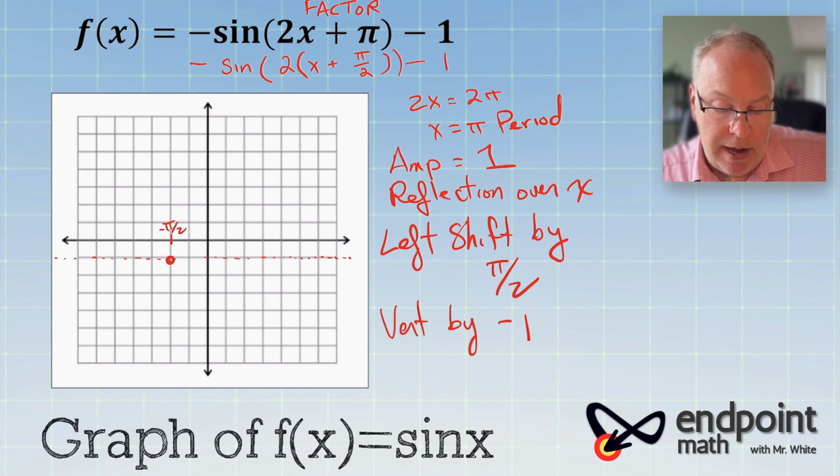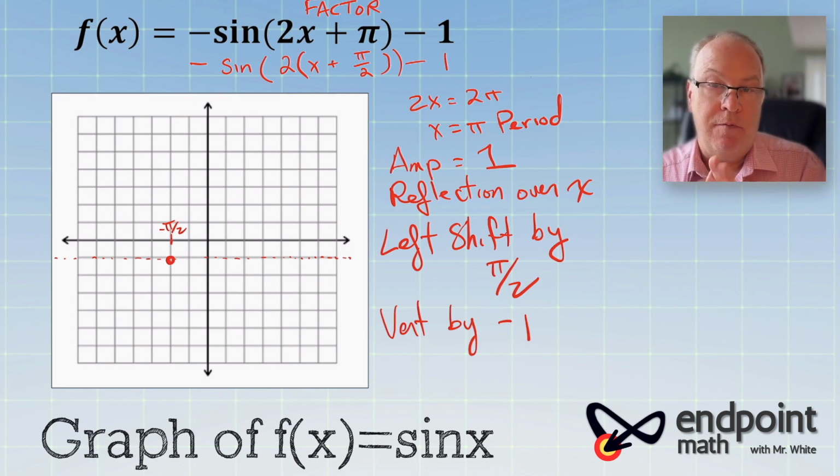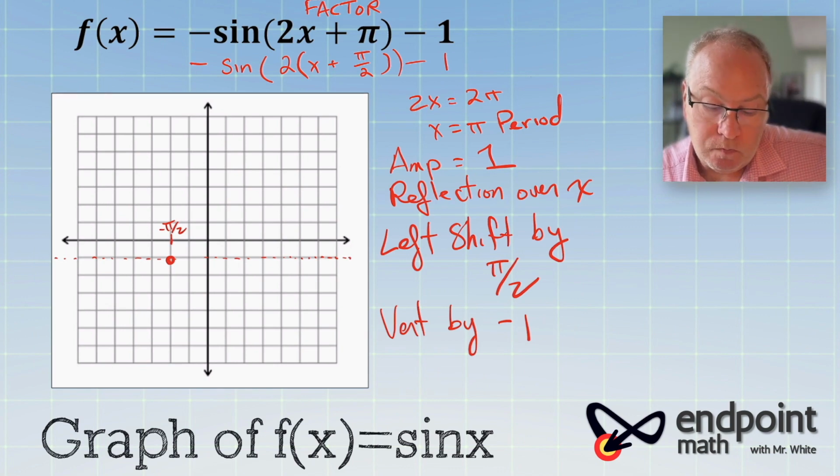So it would be right here. But wait, was there anything else? Let's double check. I think we're good, right? We got our left shift by pi over 2, and we have our vertical shift down by -1.